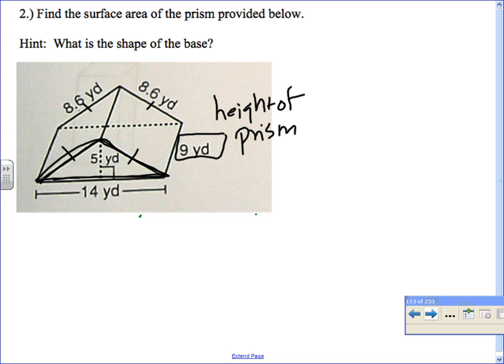This 9 is how tall the prism is, okay? These are the bases. So when you do 2 times the area of the base, you're going to use this number and this number. Does that make sense? Okay, go ahead and do that, and then I'll give you guys your homework.